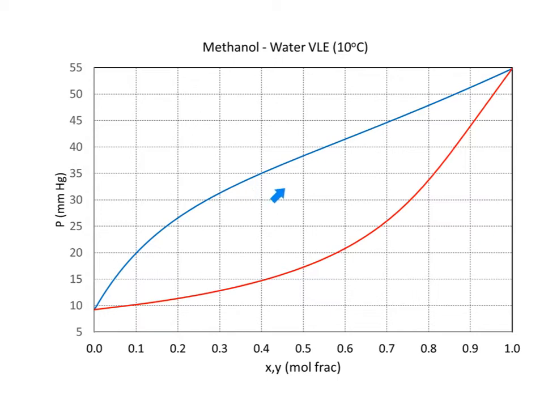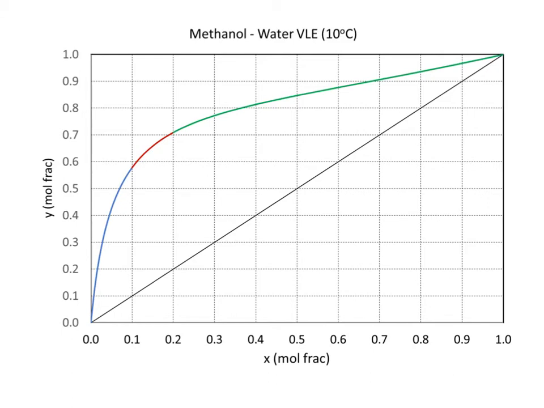And the mole fraction of methanol in the vapor phase is over here at, say, 0.77. Therefore, the partial pressure of methanol is the pressure here, 32, times the mole fraction in the vapor phase, 0.77.